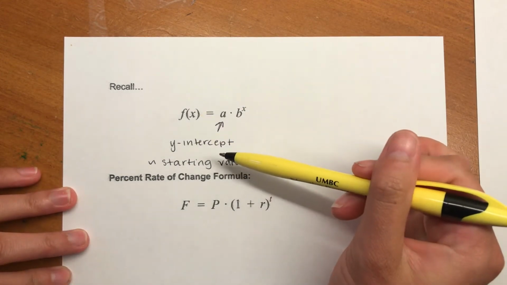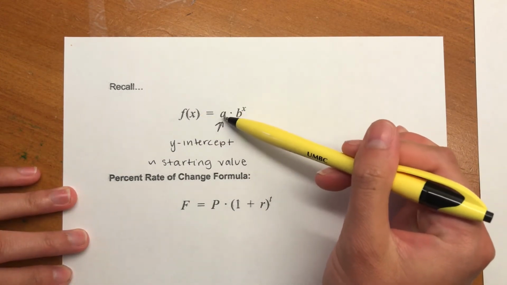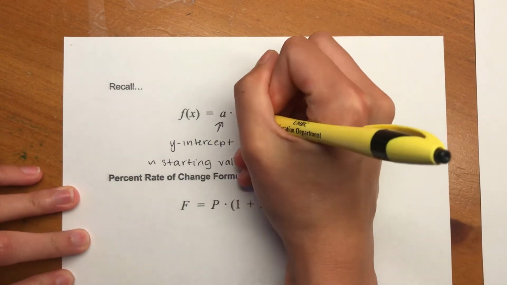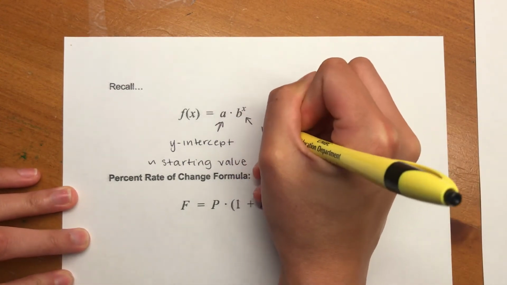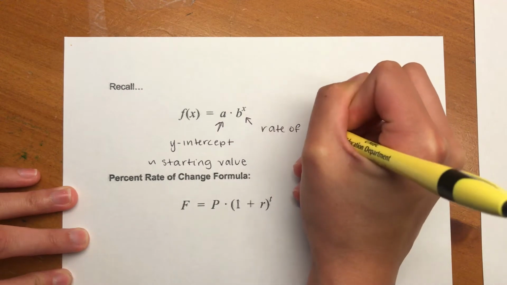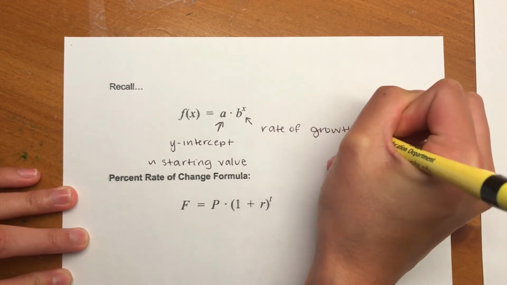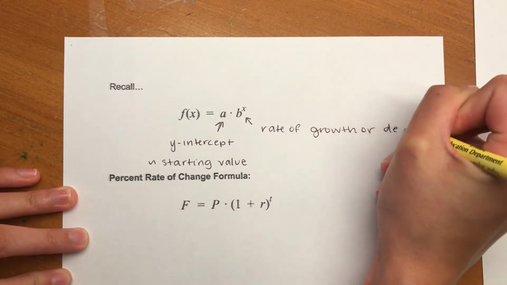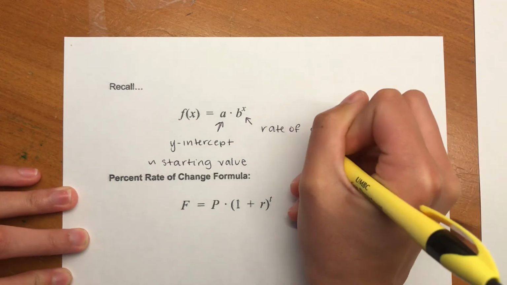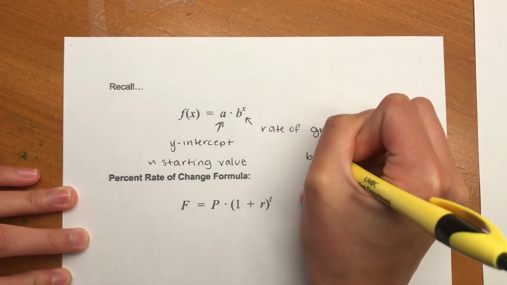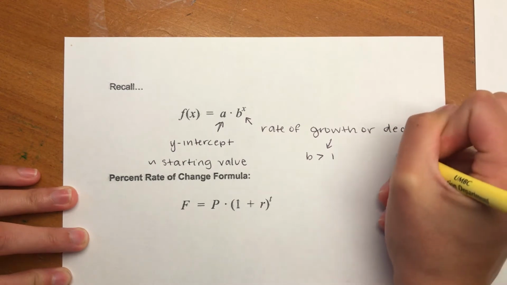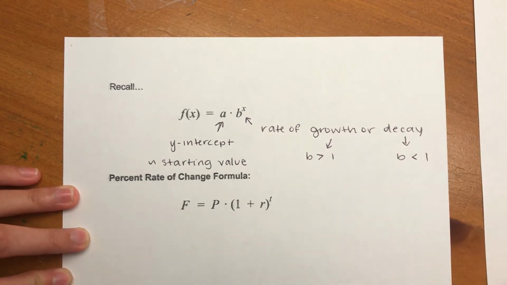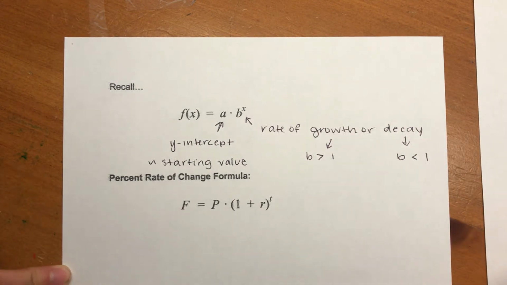When we consider our y-intercept, we're thinking, okay, this is what we start with. And then b was our rate of growth or decay, right? And we remember that growth is if we had b greater than 1, decay is if we had b less than 1, right?